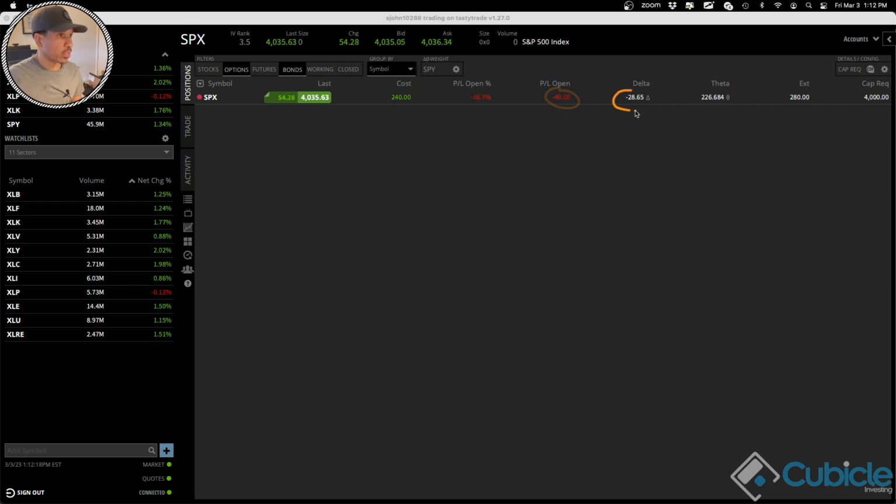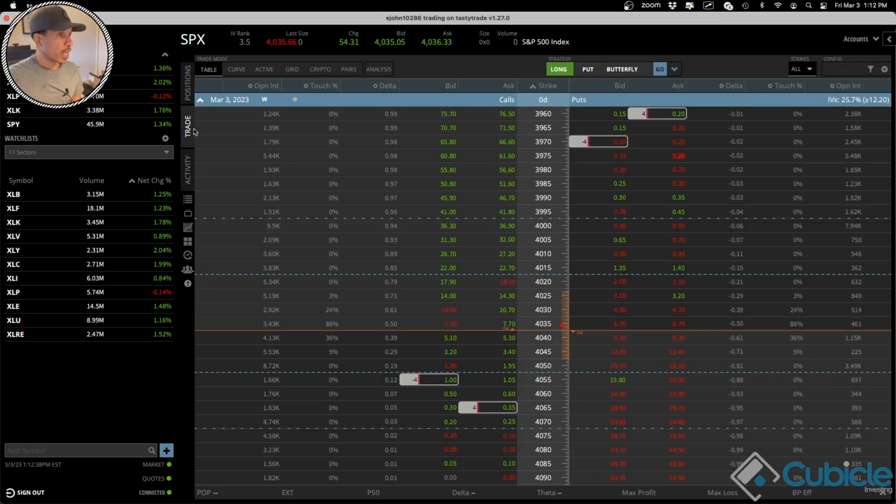And as you can see, the delta is negative as well, because the position will benefit from the price of the underlying going down. That's what the negative is telling me, that it has to come down in price in order for my P&L to benefit.